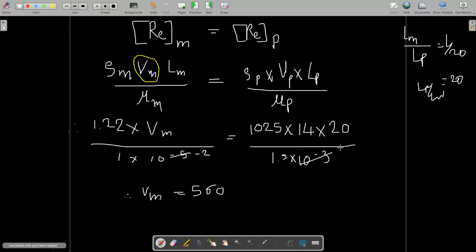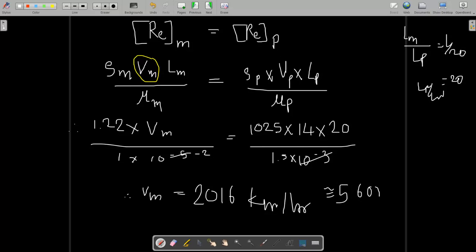Okay, so your actual answer will be, when you convert into meter per second, 560. 560 multiplied, that means 2016. Yes, 2016 kilometer per hour, this is the speed. And whenever you convert into meter per second, it will be 560 meter per second.